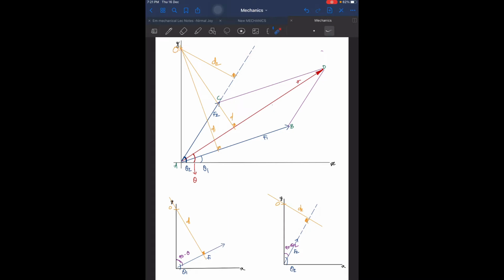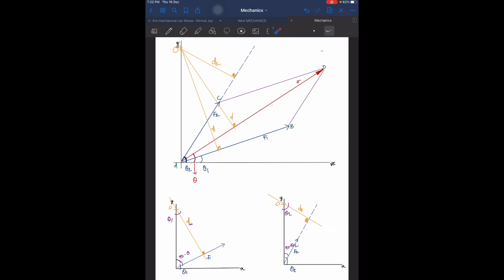So this angle will be 90 and 90. So the angle that D1 makes with the vertical line or the y-axis will be theta 1, and here it will be theta 2. Why? Because this is 90 minus theta, this is 90, so this angle has to be theta 2. Similarly, this is 90 minus theta, this is 90, so this angle has to be theta 1.